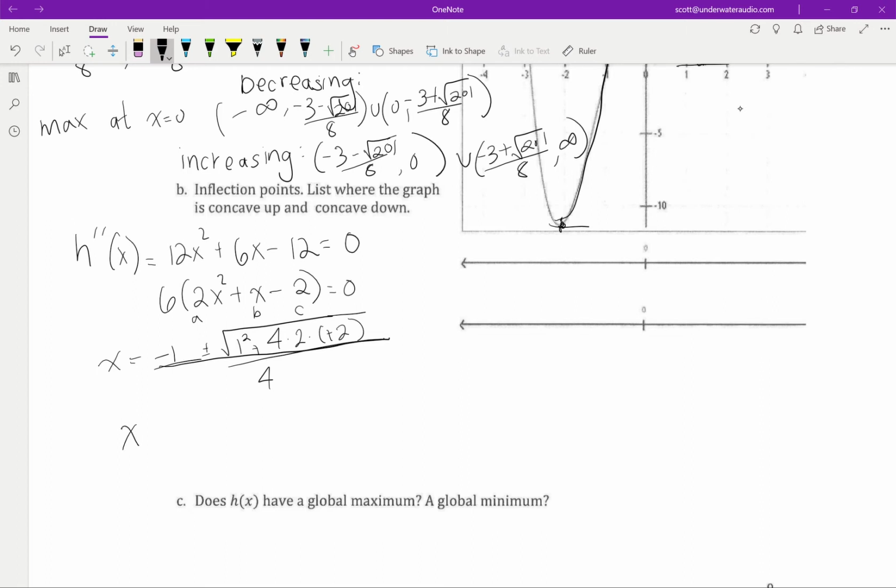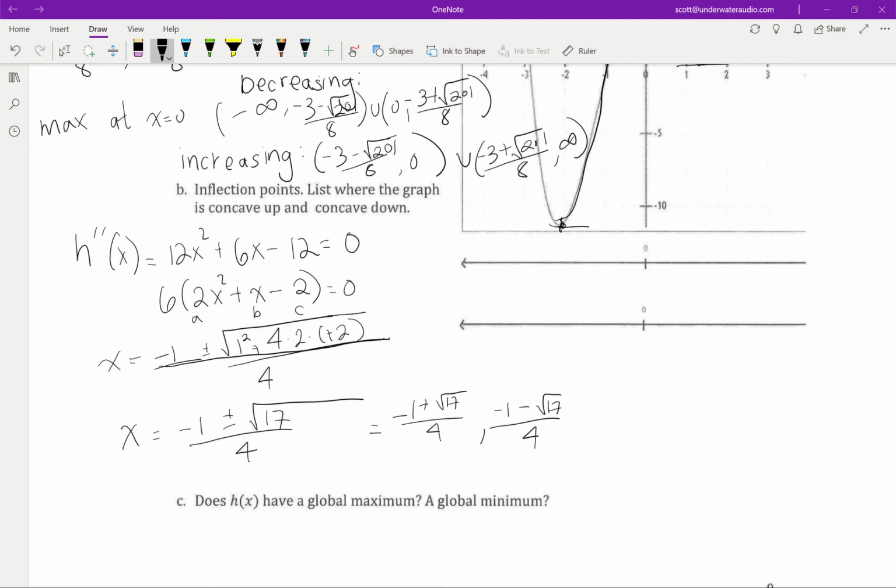So x equals -1 plus or minus the square root of, let's see, so 4 times 2 is 8 times another 2 is 16 plus 1 is 17, all over 4. So this is another really wonky number, so I'll just leave it as -1 plus the square root of 17 over 4, and then -1 minus the square root of 17 over 4.